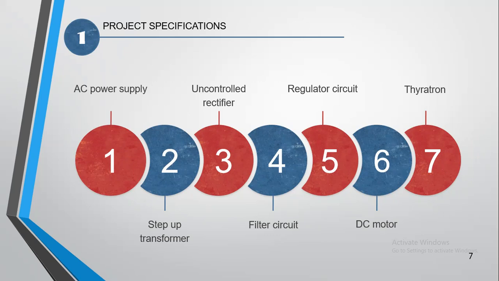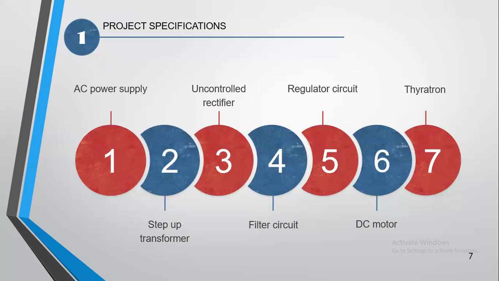The third part, the uncontrolled rectifier. We will transform the AC power source to a DC power source because the load is a DC motor, so we need a DC load. Then we have 2 optional parts, the filter circuit and the regulator circuit.